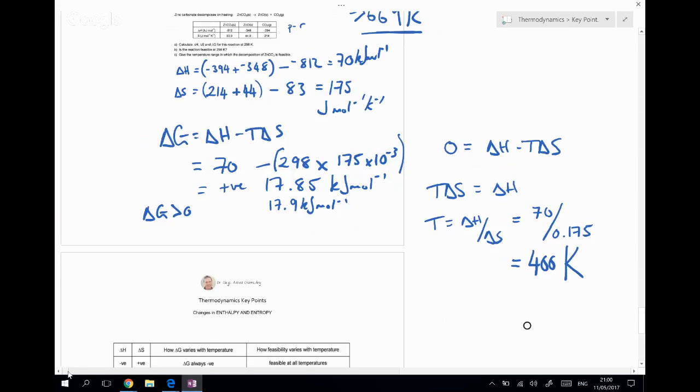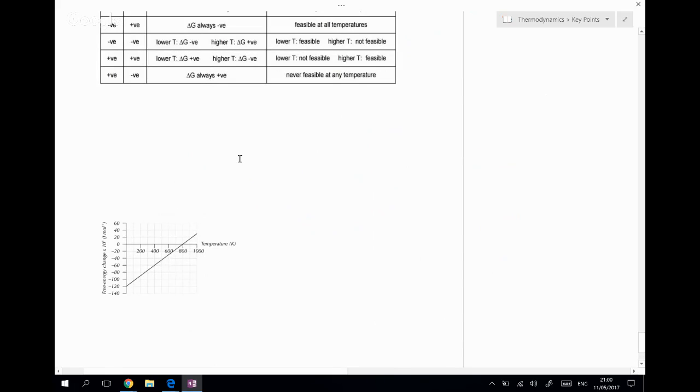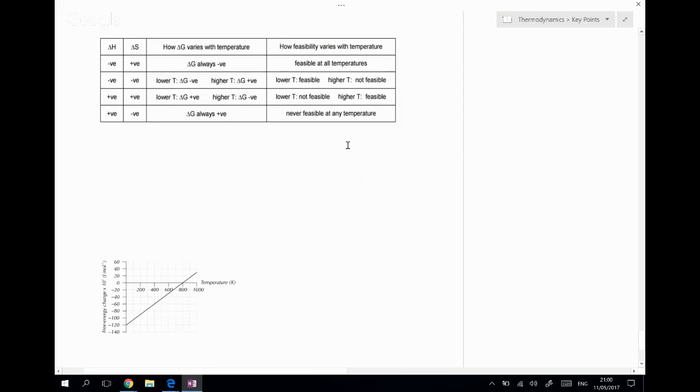So the final thing to be aware of here is that we can plot some data and look at how the various different possibilities span out, and therefore what would happen with things which are feasible. So here we've got all of the possibilities for how delta G will vary depending on whether delta H is positive or negative.